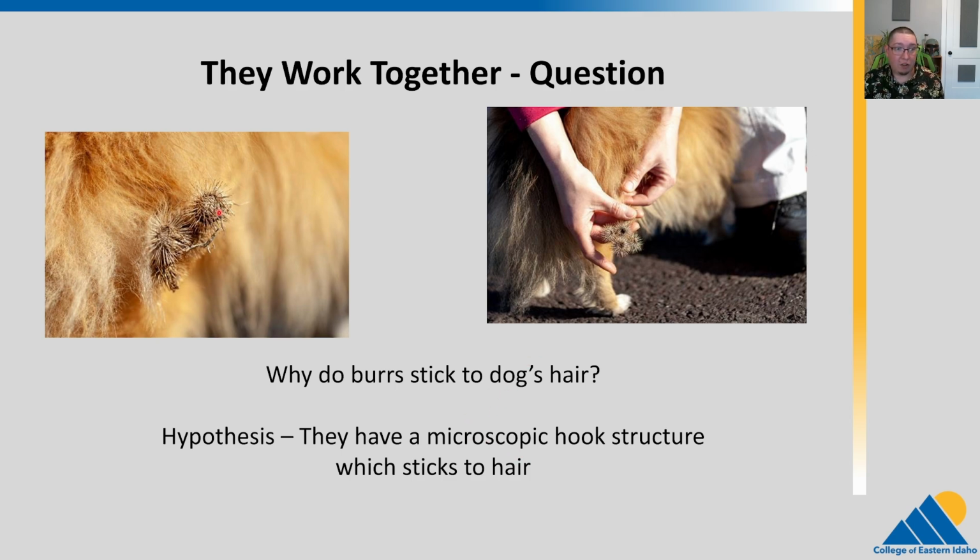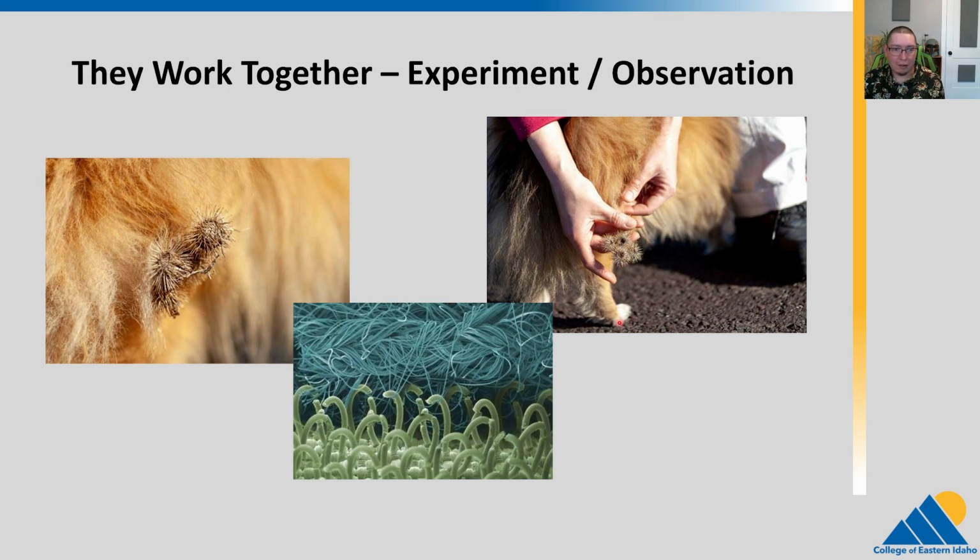That's kind of based on some observation, but really to test this hypothesis, we need a microscope. So here is an example of that under a microscope. Except, I kind of lied to you, this isn't actually the burr and the fur sticking, although it looks like it.